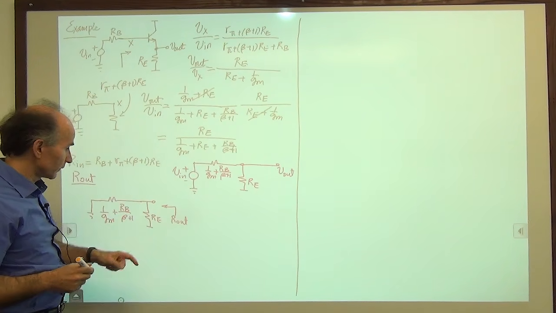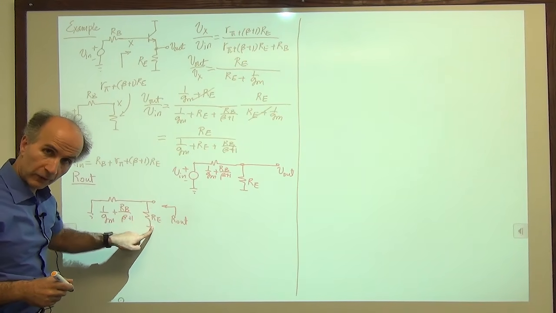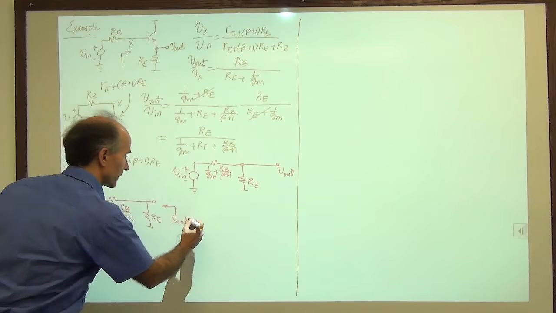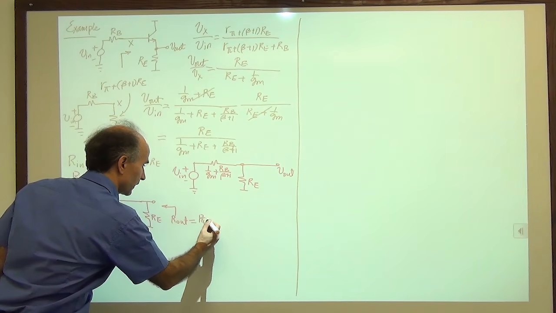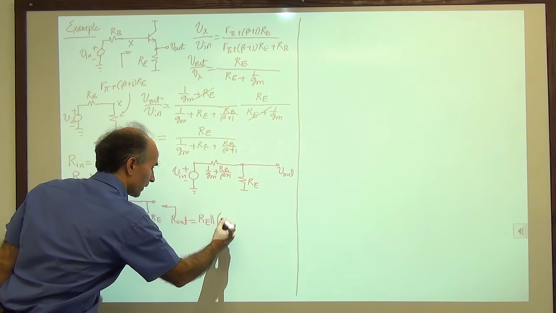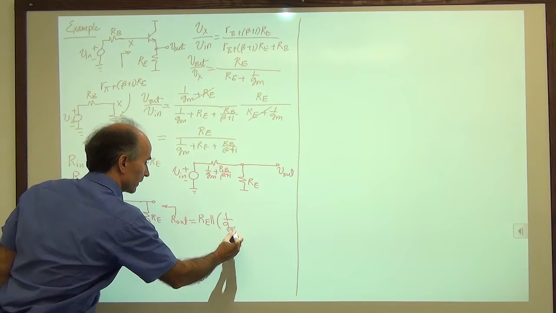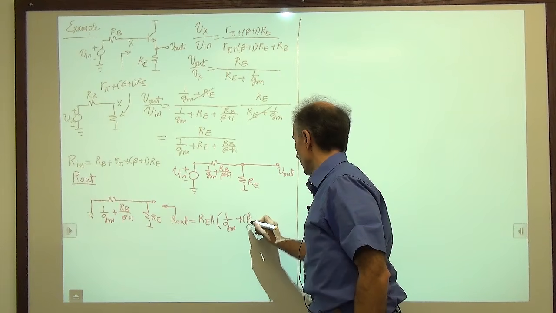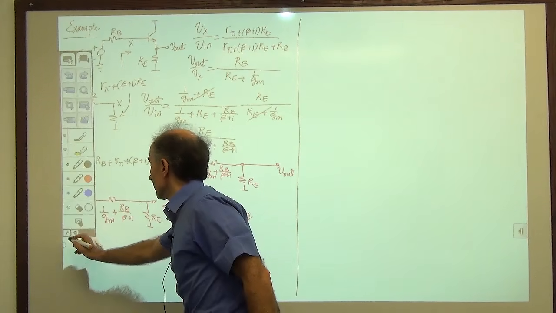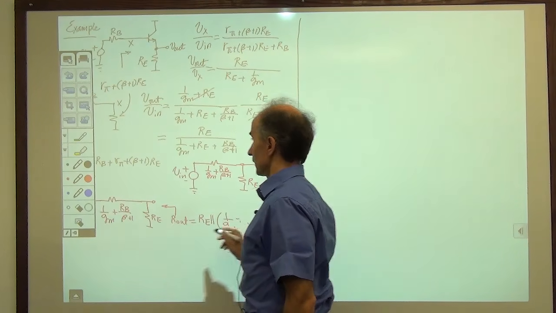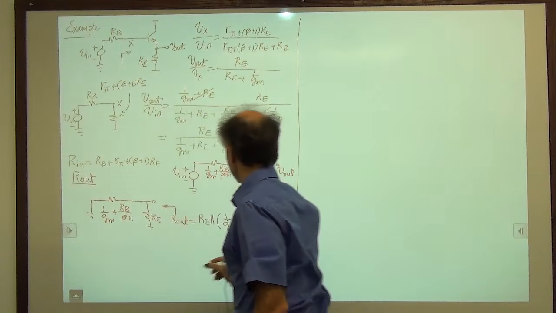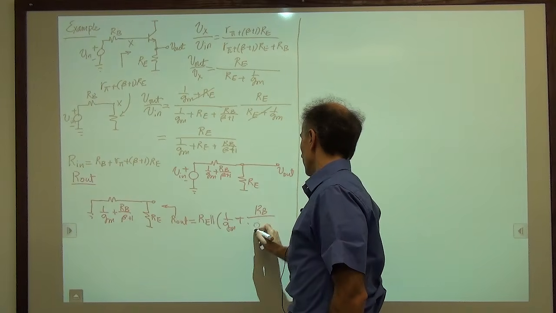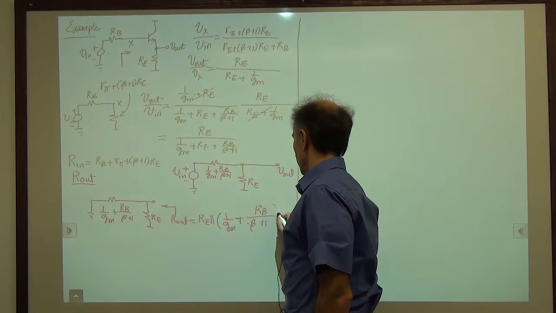The output resistance is equal to Re from here to ground in parallel with this. So we see that it's equal to Re in parallel with 1 over Gm plus Rb over beta plus 1.